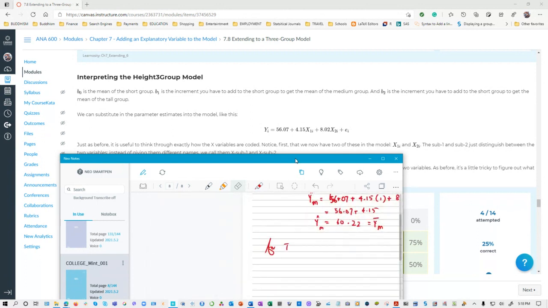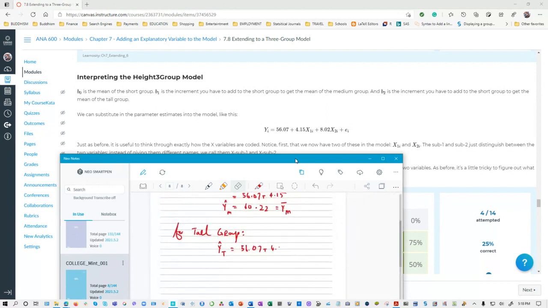Then for the tall group, y hat tall equals 56.07 plus 4.15 times 0 plus 8.02 times 1.